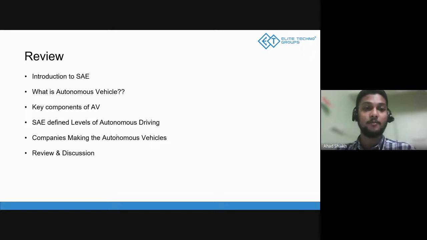We covered the different components of an autonomous vehicle and how it functions: it senses first, then the data goes to the processor, and based on that commands get generated and transferred to the actuators, which are the throttle control, brake control, steer control, etc. Then we talked about levels 0 to 5 of autonomous driving, how they differ, at which level there is no autonomy, and at which level there is completely autonomous driving.